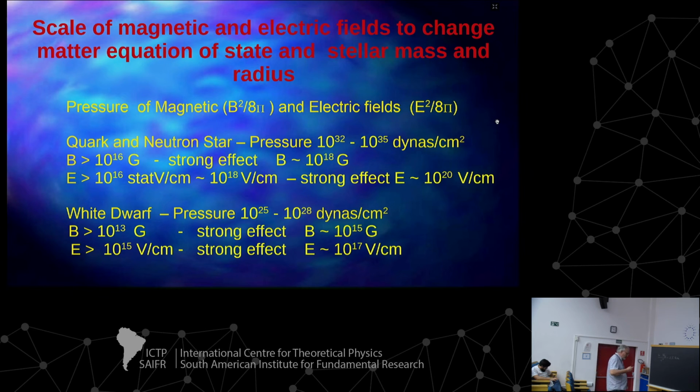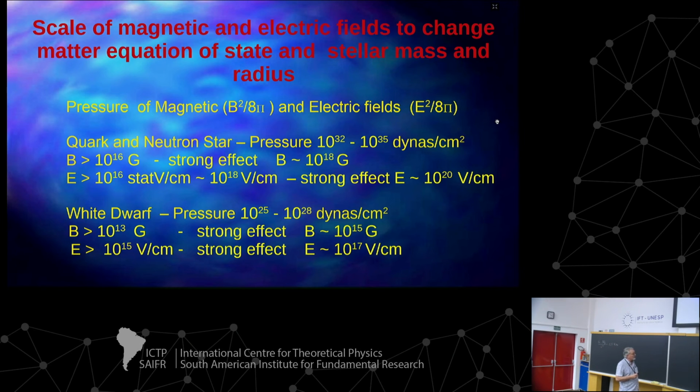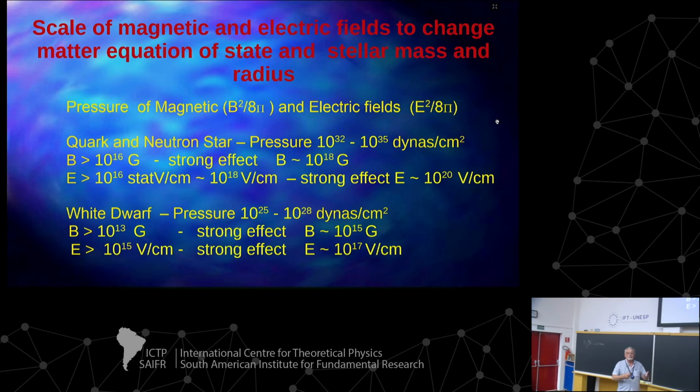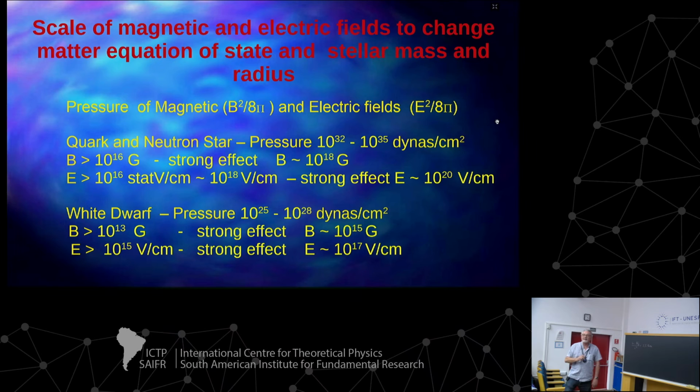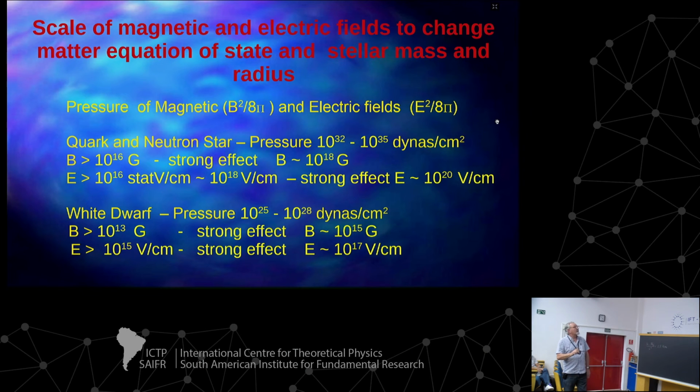If the maximum surface field of a white dwarf is 10 to 9, and you need to think about 10 to 13 Gauss to produce any magnetic effect inside of a neutron star, or in this case of a white dwarf, okay? So let's go.